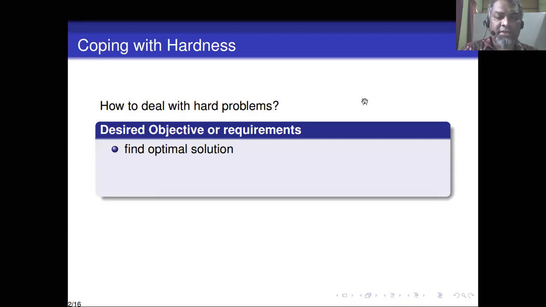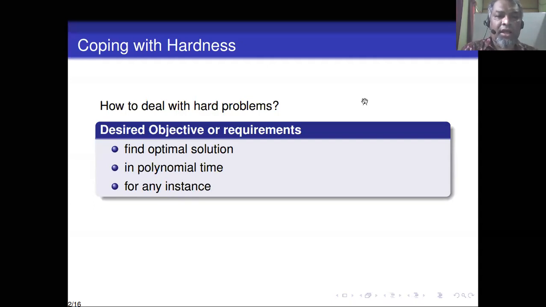Our desired solution is to find the optimal solution. The second point is that we should be able to find it in polynomial time, and this solution should work for any instance. These are the three requirements of a solution.